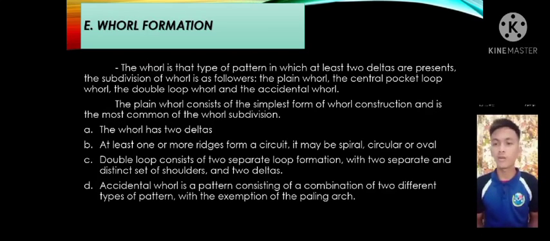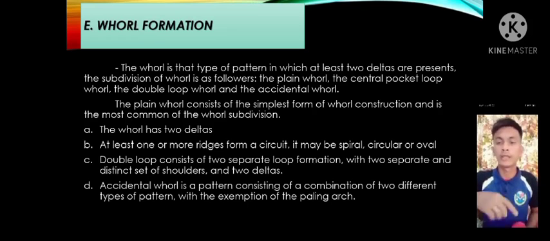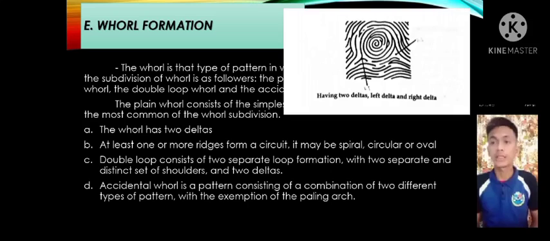Whorl formation. The whorl formation is a type of pattern in which at least two deltas are present. The subdivisions of whorl are as follows: the plain whorl, the central pocket loop, the double loop whorl, and the accidental whorl. Having two deltas, left and right delta.